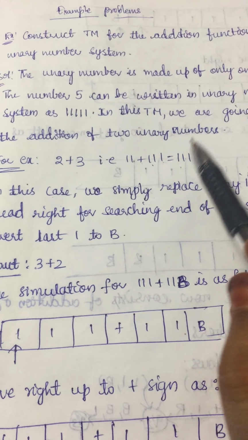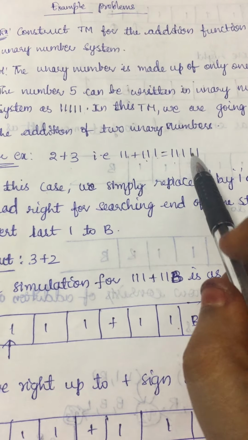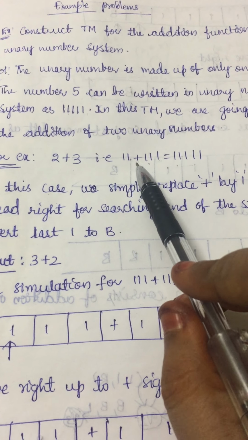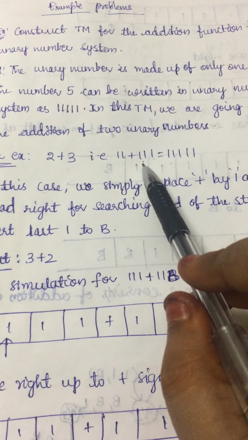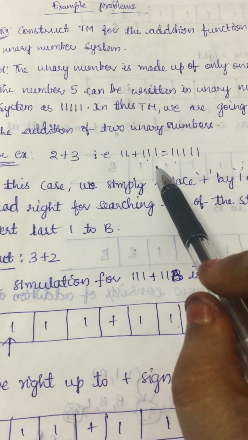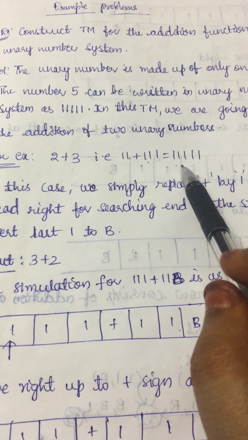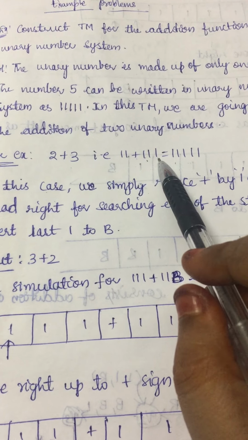So only 5 ones must be present in the input tape. Now, in order to reduce one, what do we have to do? After converting this plus symbol, the head will move in the right direction till it finds the blank symbol. Where is that blank symbol present?